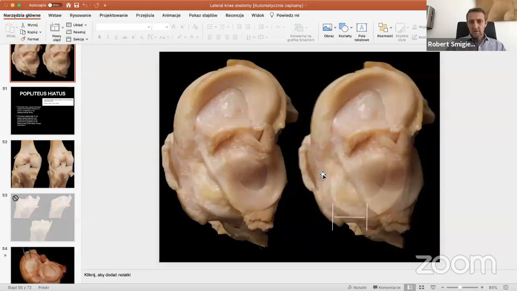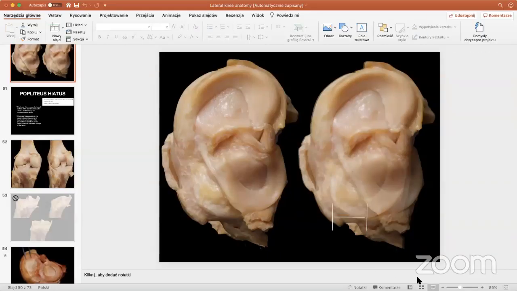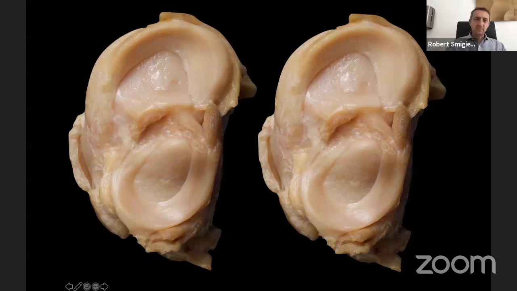I will show you now the posterolateral stability. If you look, this is probably a good picture. The PCL is the rotation center. Can you see that?